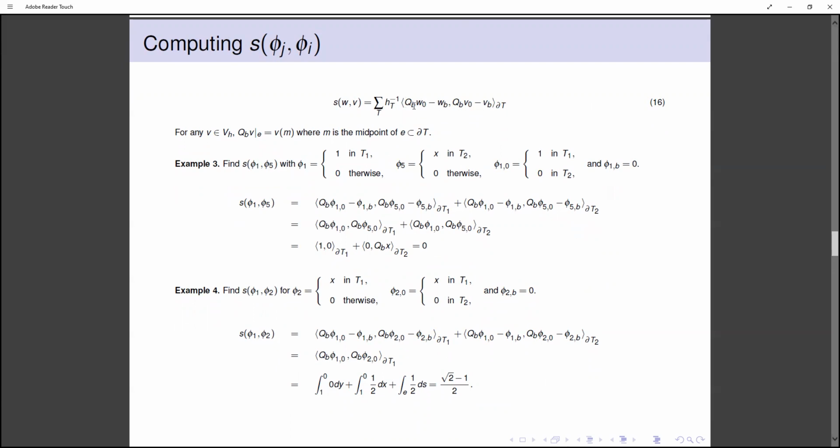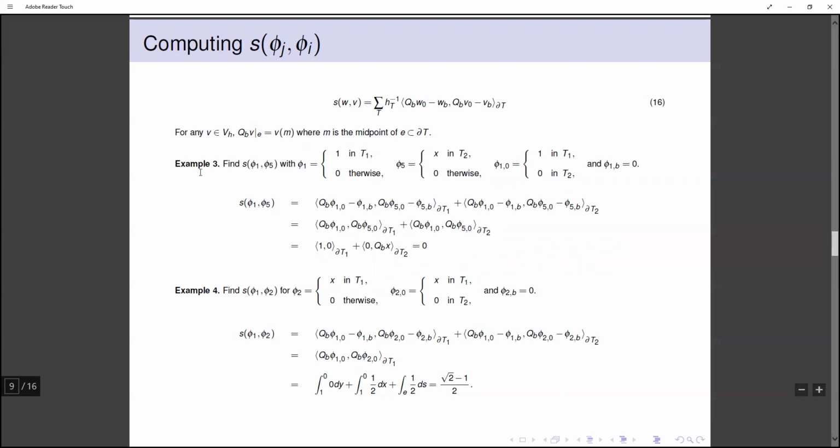So we need to project a first order polynomial to a 0 order polynomial. For this case, V is a linear function. QB projects to a constant. That's simply equal to V evaluated at the middle point, since V is a linear function.